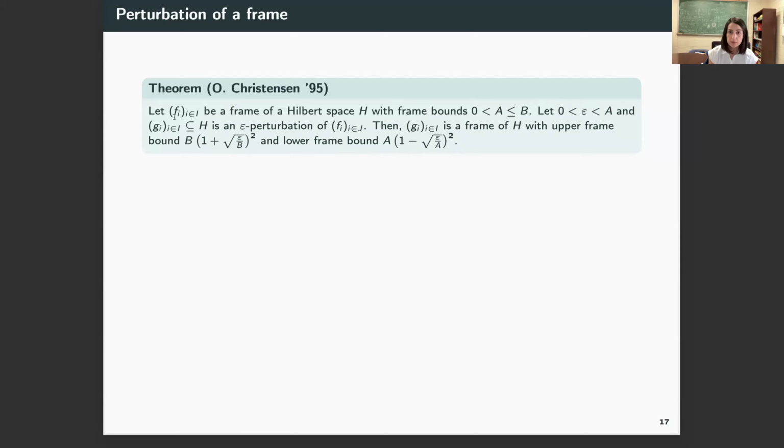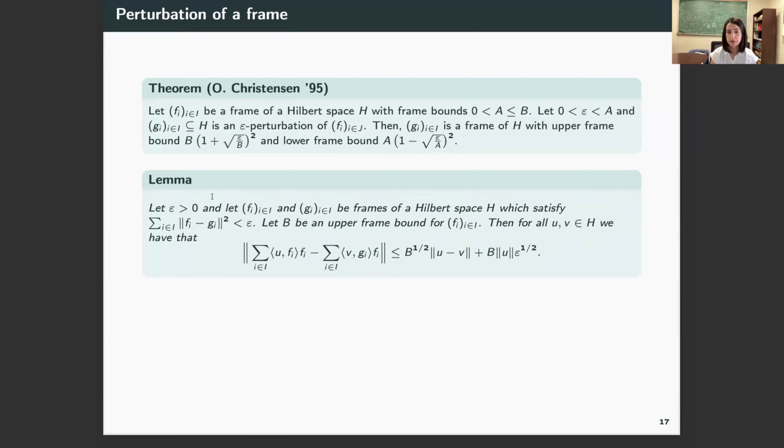And what we were able to connect here is that if I start with two frames, one of them a perturbation of the other, and take b for the upper bound of the original, let's say fi, then for any u and v that you take in your Hilbert space, the following holds.